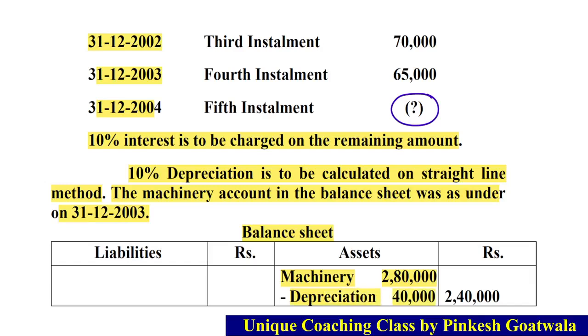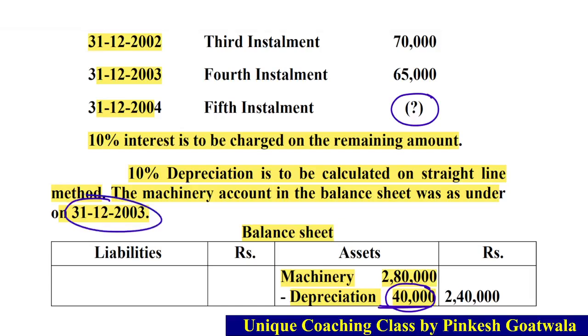Now here you can see that I just told you, if in a question they give the amount of depre or a journal of depre, remember, with that help you can get the cash price. So here by this information you have an amount of depreciation 40,000 on 31st December 2003.